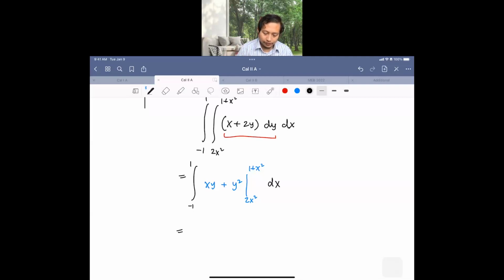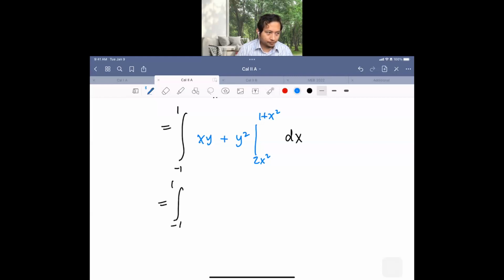And then we can have x times 1 plus x squared plus 1 plus x squared. This is a little bit complicated, with some calculation here.